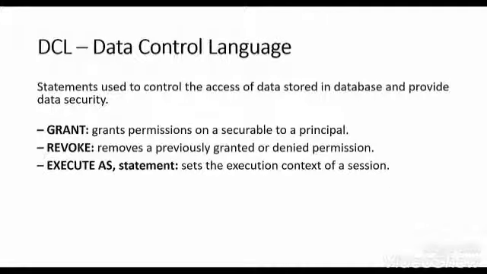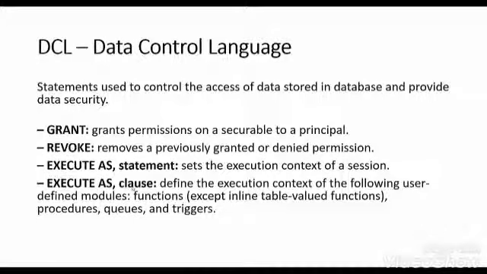With execute as, you can set the execution context of a session for a particular user. So you can execute a statement in the context of some other user, right? Execute as can also be used as a clause in database object definitions, like functions and stored procedures. Within the stored procedure, you can use execute as.